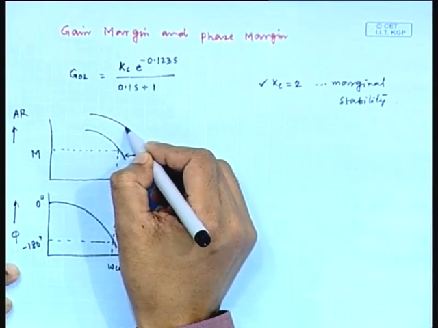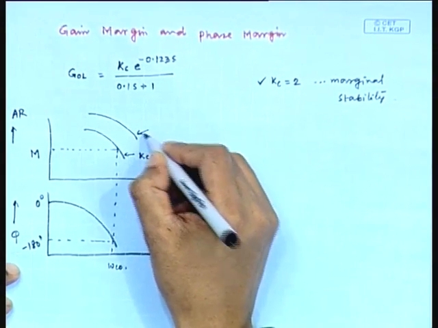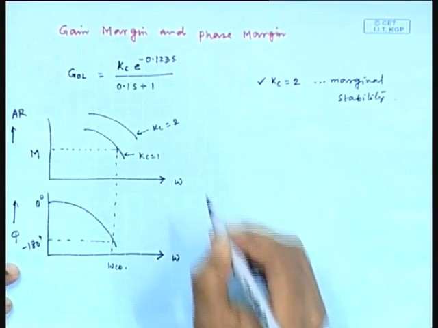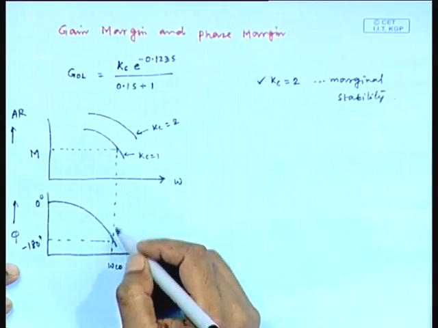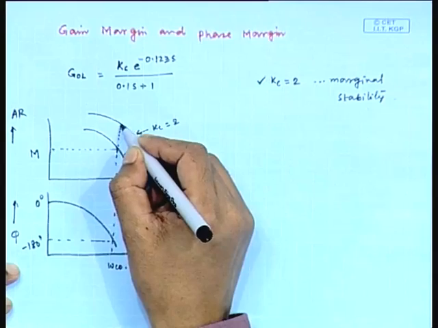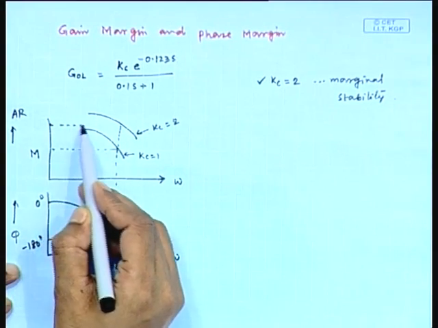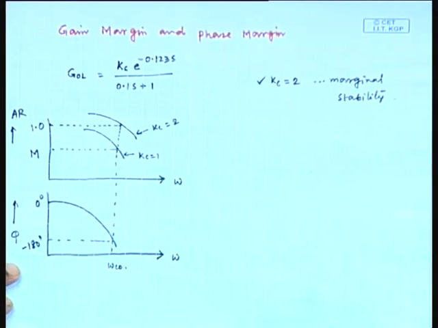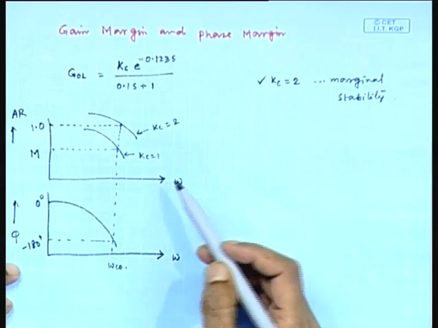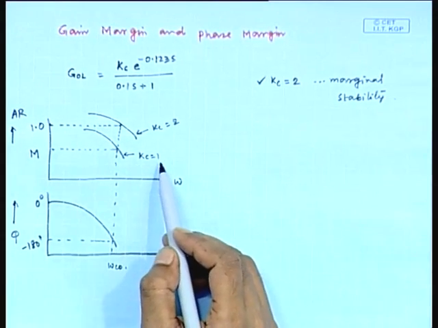Suppose this is the amplitude ratio versus omega plot when Kc equal to 2. That means, at crossover frequency we obtain the amplitude ratio equal to 1. Fine. So, this is for Kc equals 1.